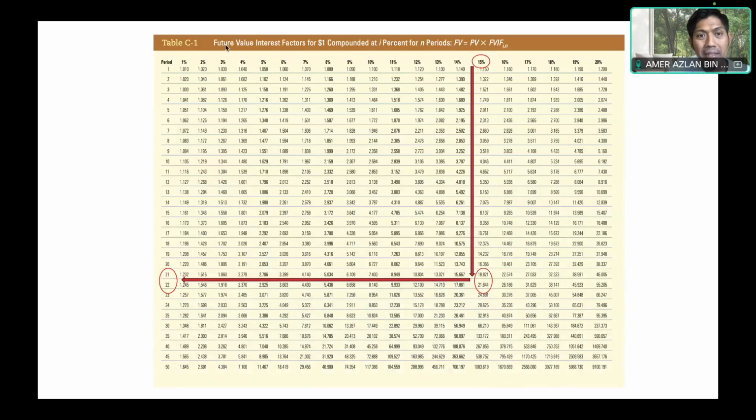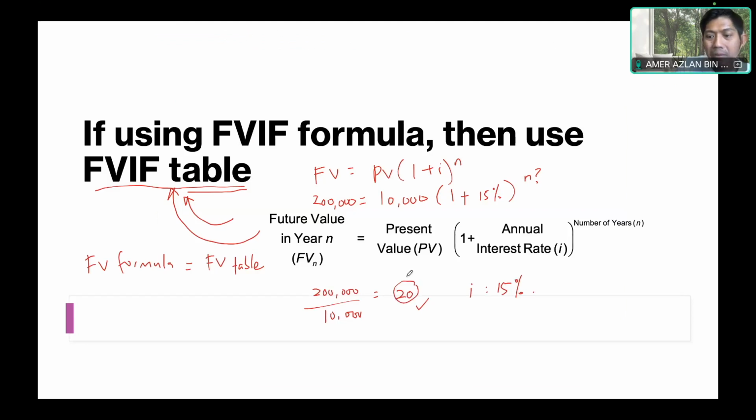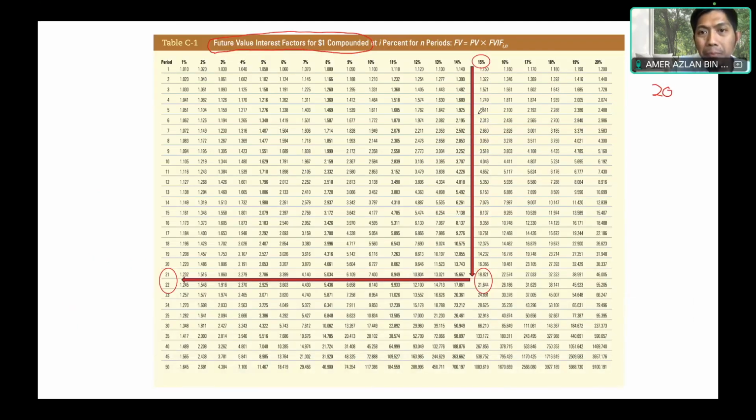This one. It's written here, a future value interest factor compounded table. So we know the interest is 15%, from our calculation just now, and we have the figure of 20 from here.